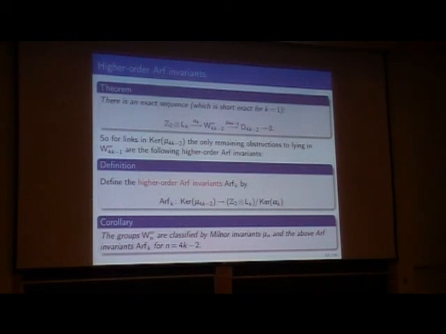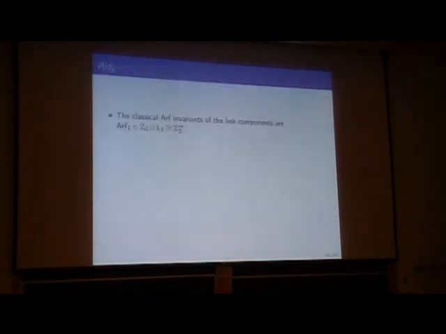So in all orders, the groups are classified by Milnor invariants together with this special case in the 2 mod 4. And the remaining question is, are these Arf invariants non-trivial? And so at the bottom, they correspond exactly to classical Arf invariants. So we know that there's 2-torsion.